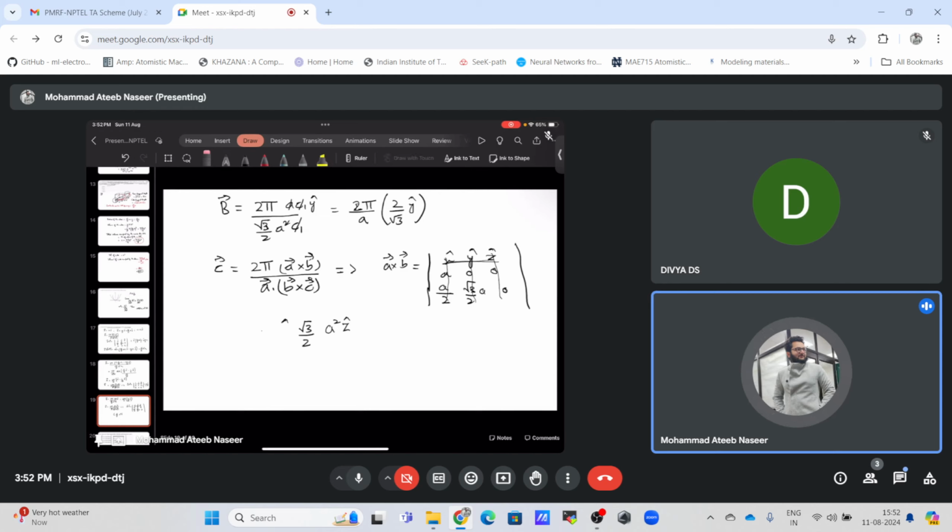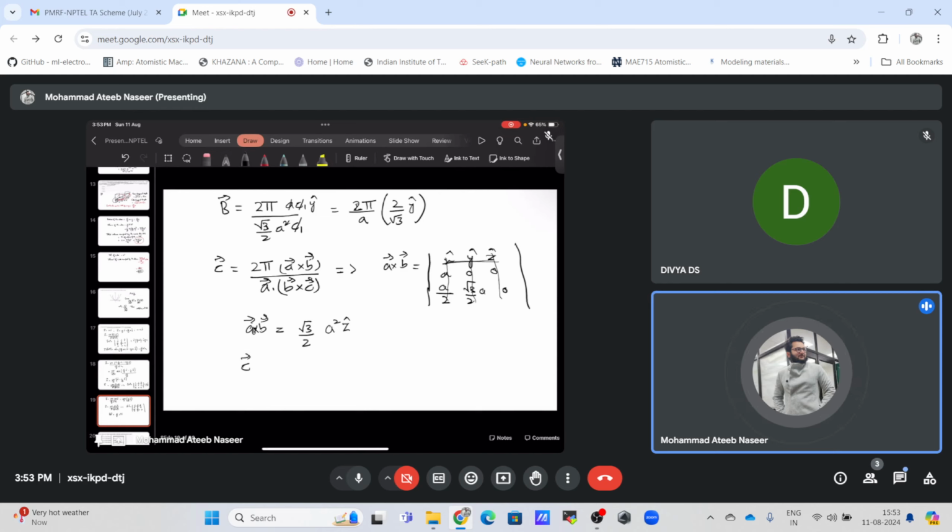Sorry, it isn't x̂, it is ẑ. So this is the a × b value, which comes out to be along z.